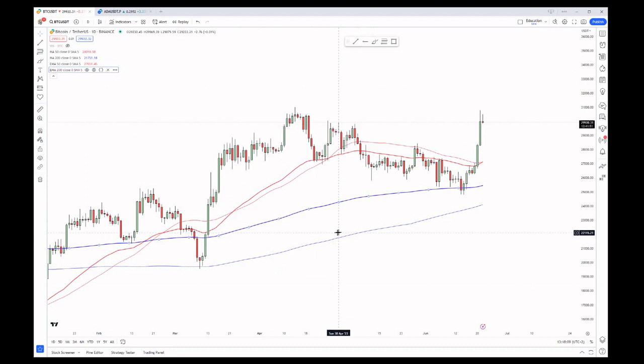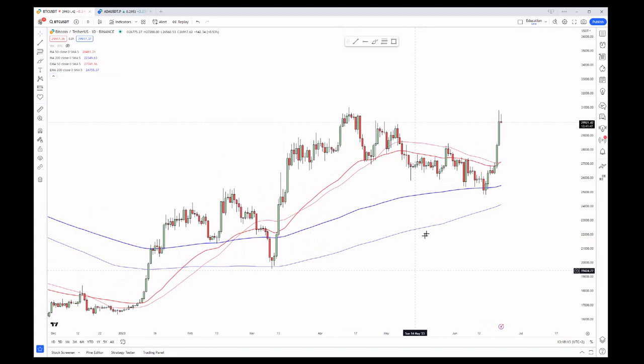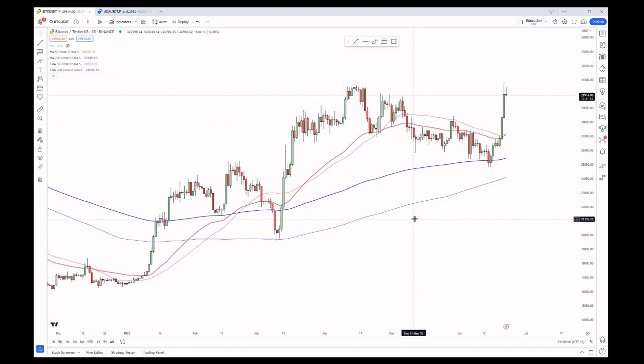So as you can see, moving average is different than the exponential moving average. It's the case because the exponential moving average puts more weight on the last candle.